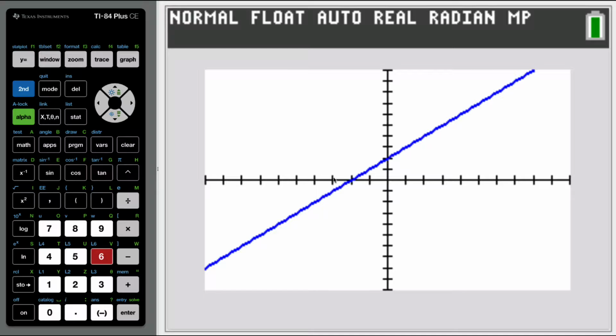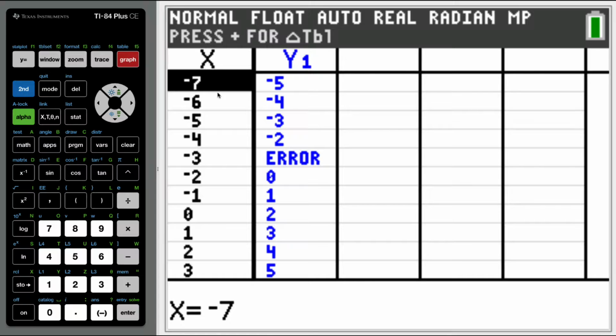If we look at that x value of -3 along the graph, it doesn't look like anything bad is happening. But if we look at the table instead, so if I hit second graph, that'll bring up the table, I can see that we've got an error happening at -3 because of that undefined value from our original function.